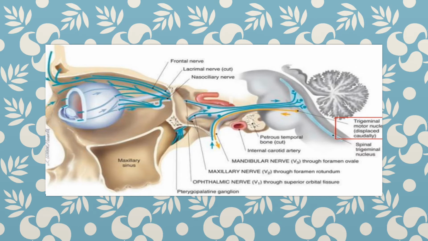It supplies sensation to the lateral part of conjunctiva, upper eyelid, lacrimal gland, and it also gives postsynaptic parasympathetic fibers from the pterygopalatine ganglion to the lacrimal gland.